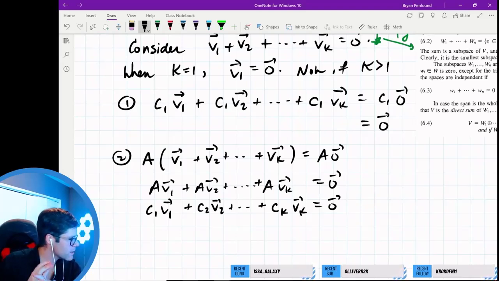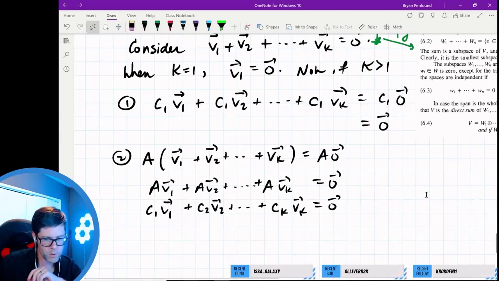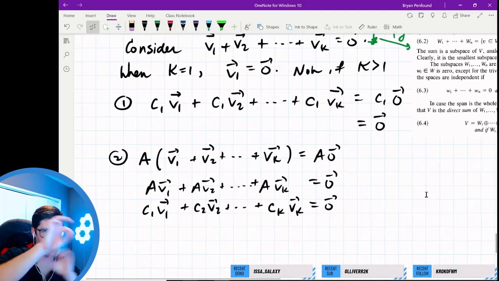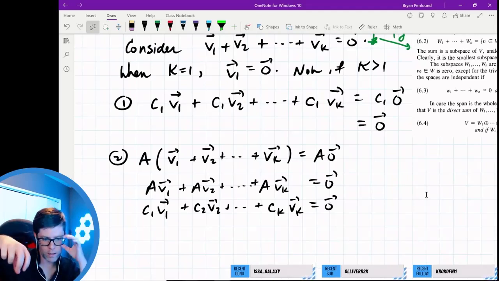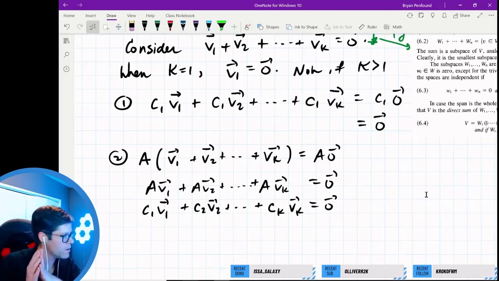Ander says, maybe it's worth mentioning here that we're taking the image of T as the direct sum, not necessarily all of V. Yeah, exactly. Because we're doing the left-sided multiplication by A, all of these vectors that we're really working with are inside of V. I agree with you.